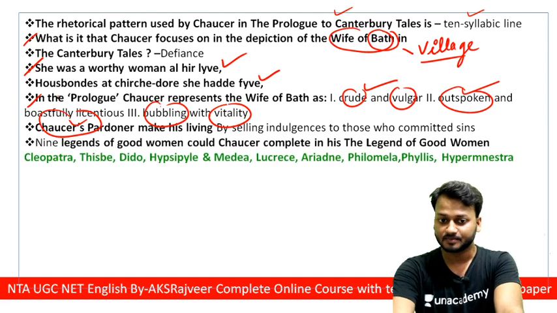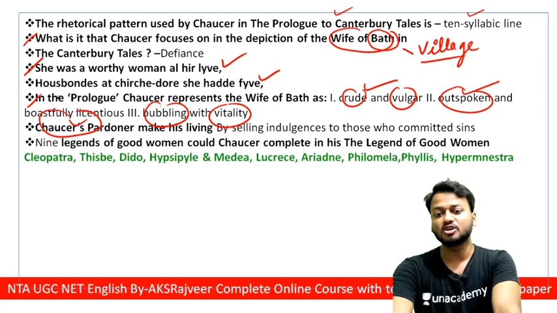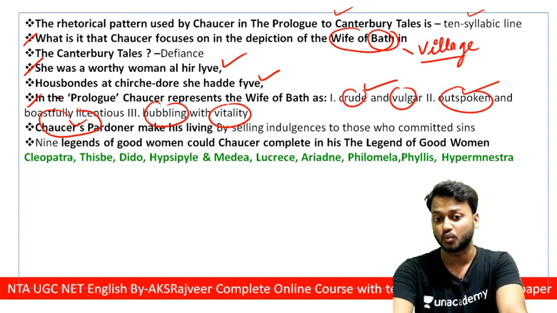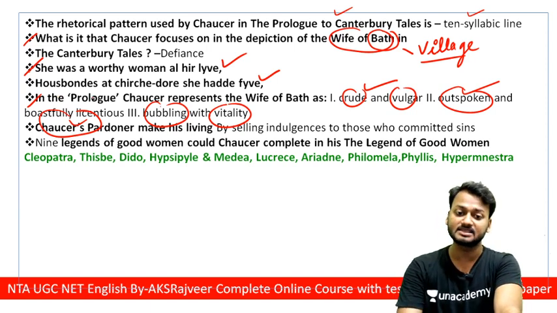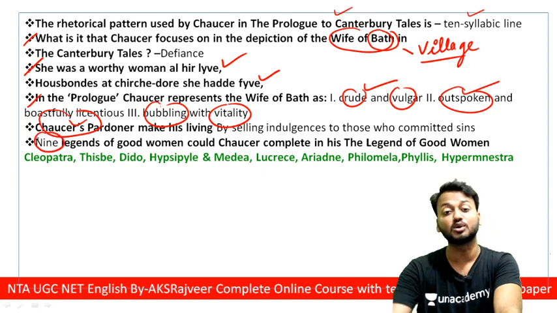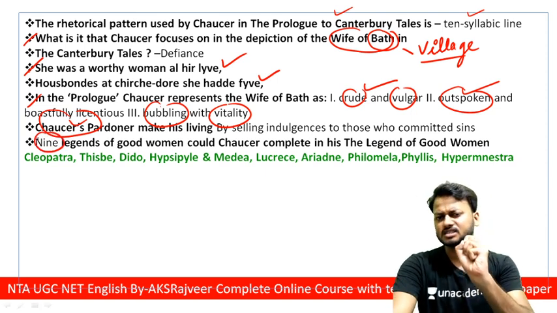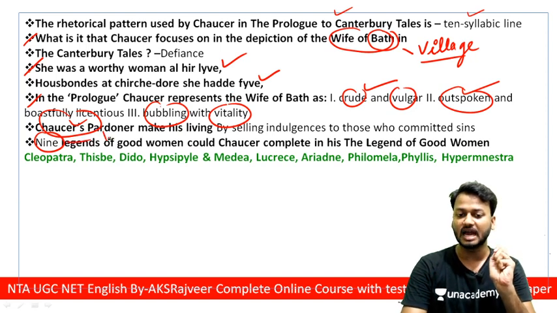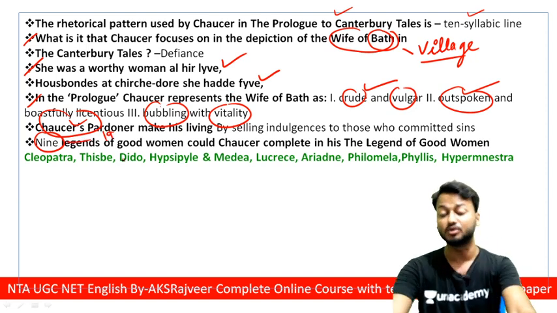How many legends of good women could Chaucer complete in his Legend of Good Women? He talks about nine legends, but though he planned about nineteen, only nine are there in the Legend of Good Women.